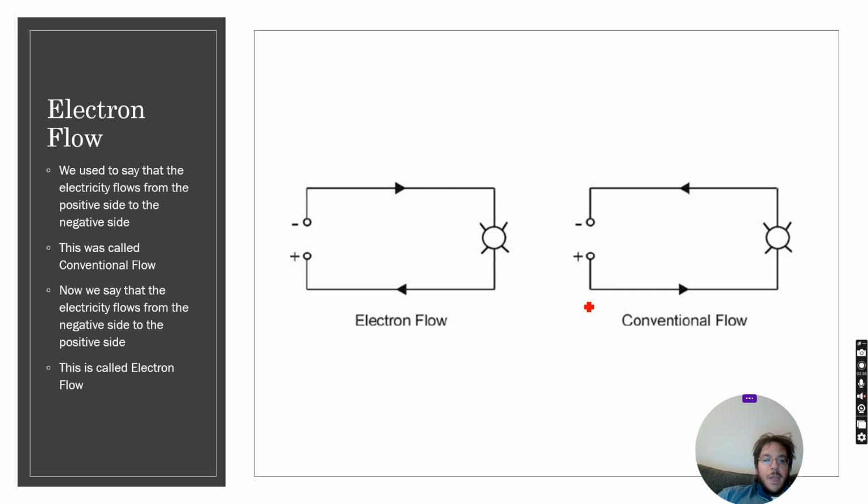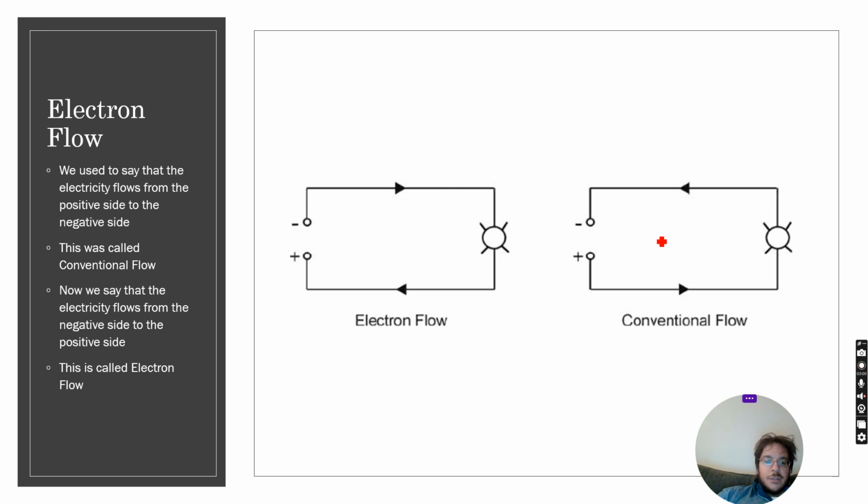So now, everything I told you was a lie. Because what we said was that electricity goes from the negative side to the positive side, but actually, now that we think about it, it actually goes from the positive side to the negative side.